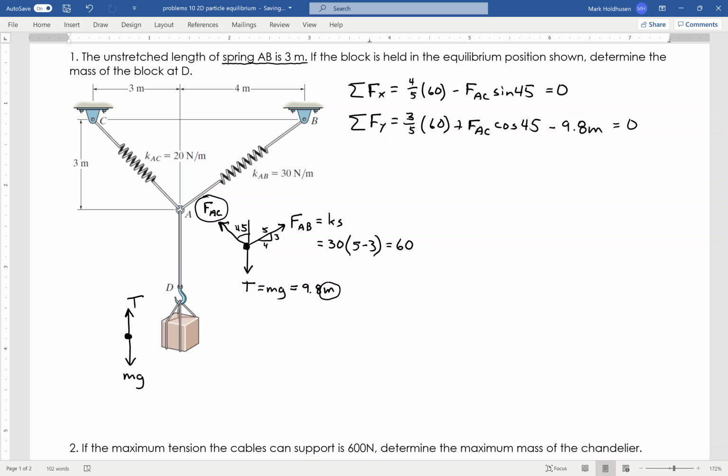So now all I do here is figure these out. In that top equation, I can go ahead and solve for FAC, and I find that to be 67.9. I take that and plug it into the y equation. It's just two equations, two unknowns, and I can solve that m equals 8.57.